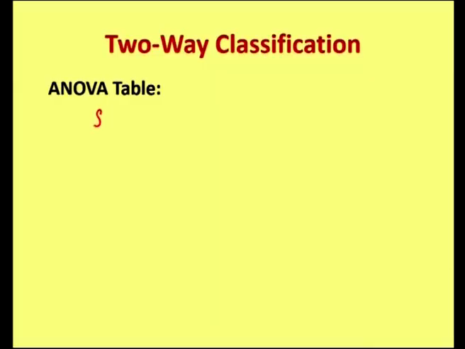And the entire analysis may be put in the form of a table called ANOVA table, and for 2-way classification we have the ANOVA table as follows. So, we have 5 columns: sources of variation, sum of squares, degrees of freedom, mean sum of squares and variance ratio.